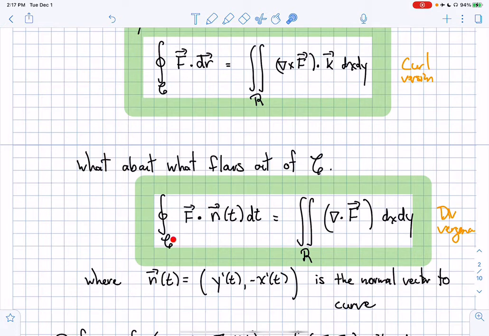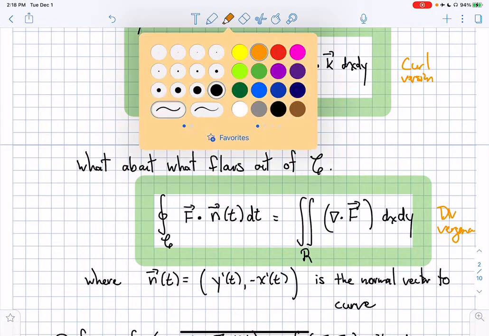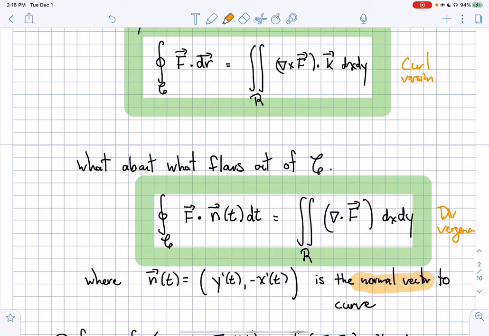Now, on the other side, instead of integrating what is along the curve, so F dot the velocity vector, I'm going to do F dot the normal vector. So this n is the normal vector to the curve, and actually normal to the velocity vector. So you take y prime t and minus x prime t.